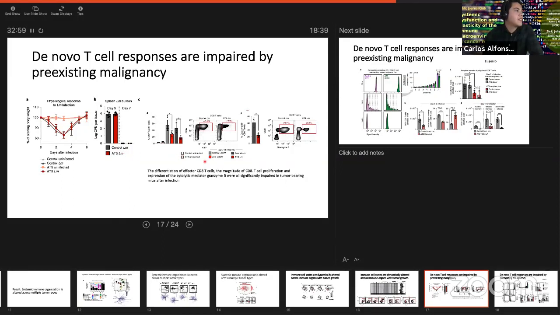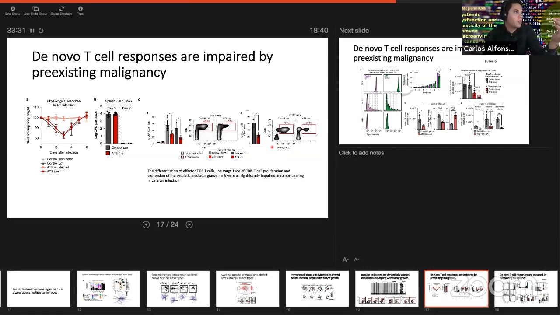The interesting part is the proliferation: when they assessed proliferation using the marker Ki67, they found that the infected model shows a reduction in the proliferation of CD8 T cells, meaning that the response is not affected, but the maintenance of this response would possibly be affected in later stages because we don't have any more proliferation.